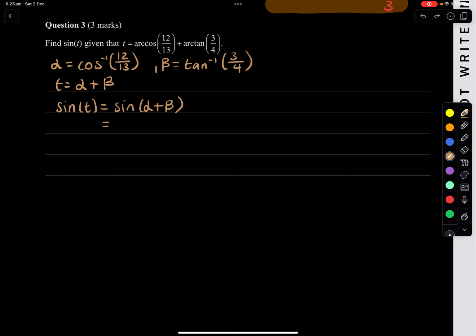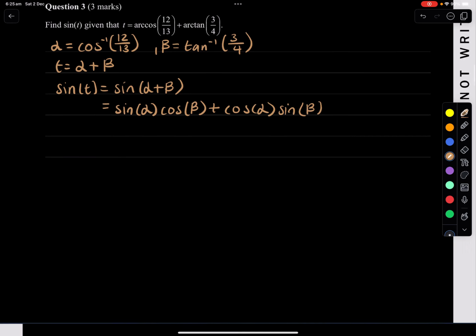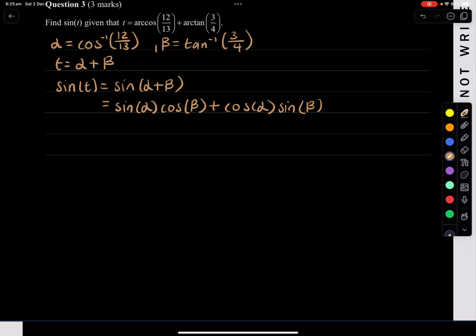If you look at your formula sheet, sine alpha plus beta is sine alpha cos beta plus cos alpha sine beta. And we just need to find those.